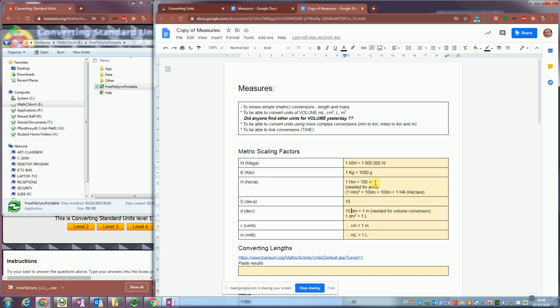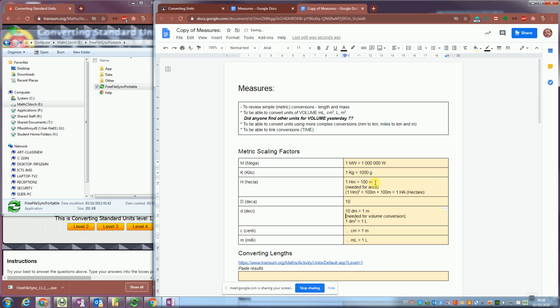Again, that's needed for volume conversion, because the French decided that if we took a standard meter, which they measured by measuring a distance around the Earth, and they actually based it upon the circumference of the Earth, no longer measured by that, it's now measured by light. But they took a meter as being the standard unit, and everything else is based upon it.